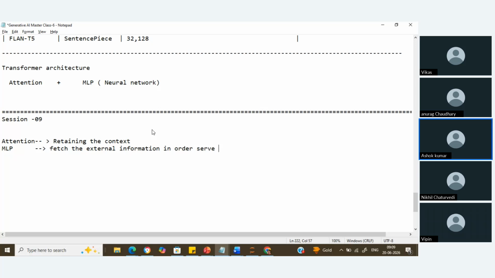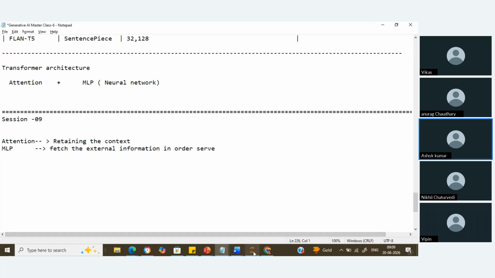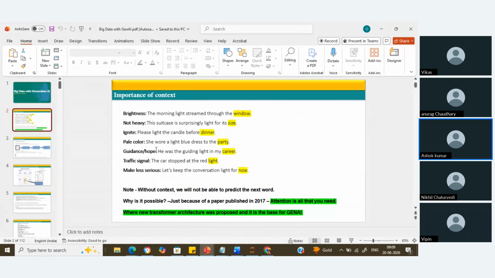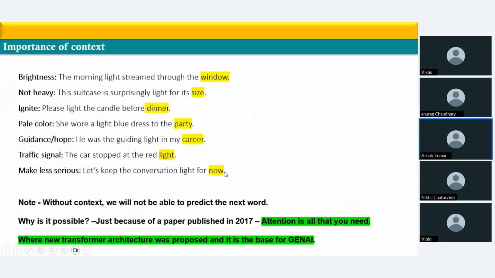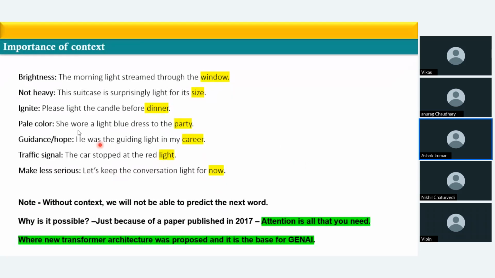So there are two building blocks inside the transformer architecture, and we will be discussing these two things in detail. Now I have a slide deck that I have prepared for you. Over here we see the sentence, the morning light streamed through the window.